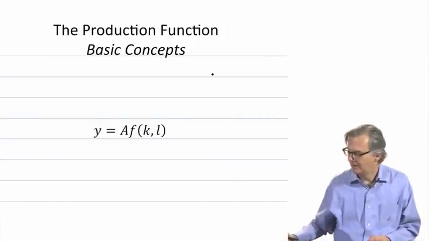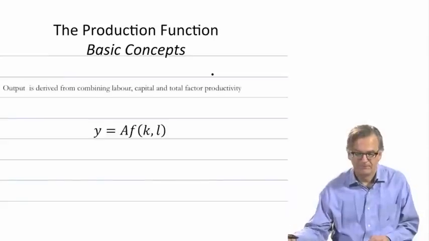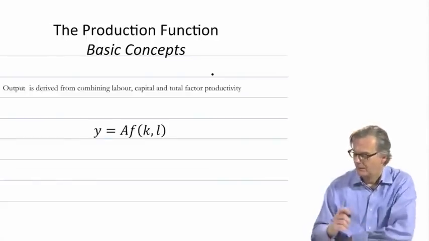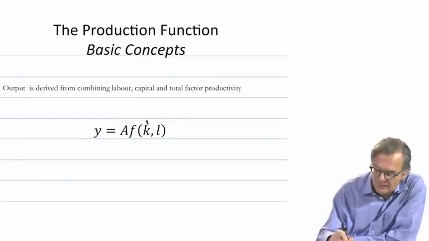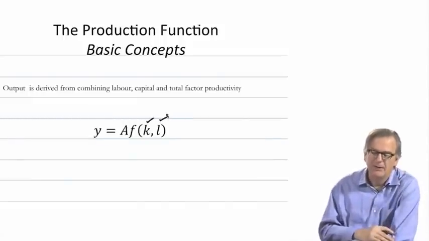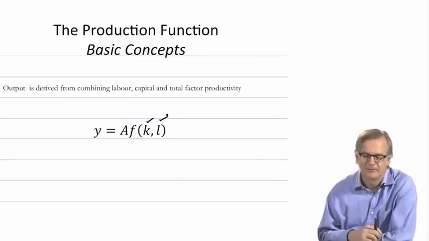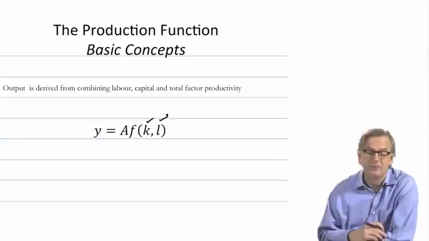Most of what you're looking at is going to be fairly familiar to you, with one exception. So on the left-hand side, lowercase y represents real gross domestic product. On the right-hand side, capital and labour. I'm using lowercase letters because there's a convention in macroeconomics to use lowercase letters when we're talking about real variables.